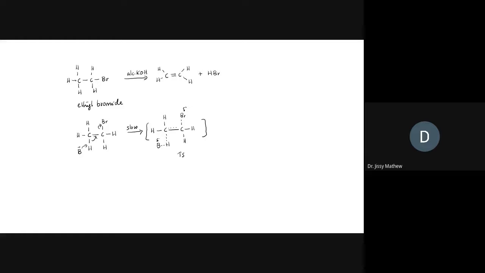And for the base to approach this alkyl halide, the preferential direction of approach is if they are on opposite sides, that is trans elimination, when H and Br are on opposite sides. And then it immediately breaks into the product.